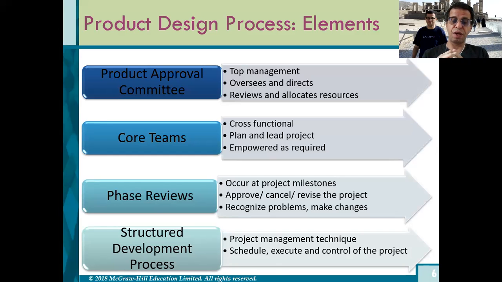Then you have a phase review, which occurs at the project milestones: approve, cancel, or revise the project, recognize some problems, fix them or not, make changes. The fourth element is a structured development process, which is a project management technique to schedule, execute, and control the project.